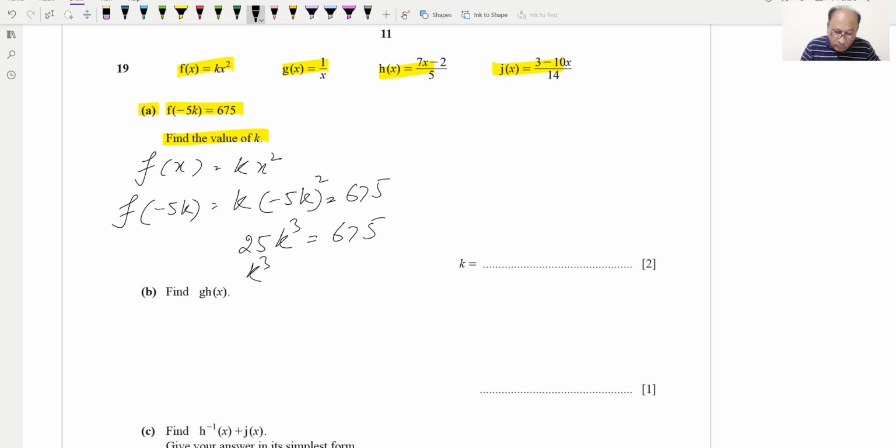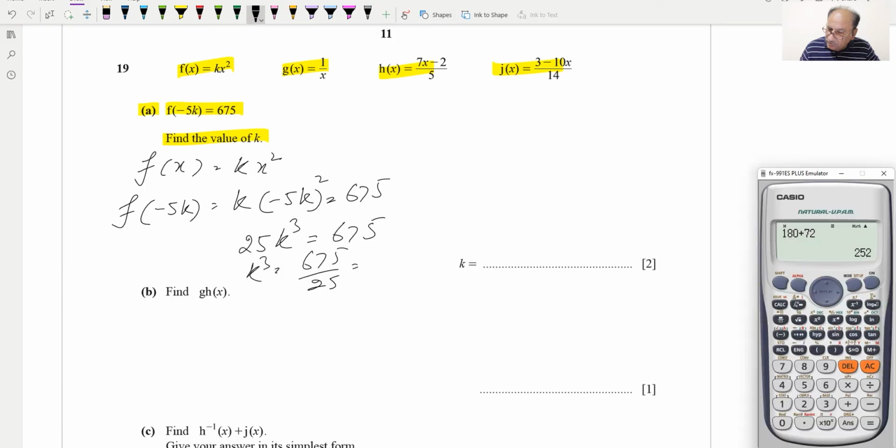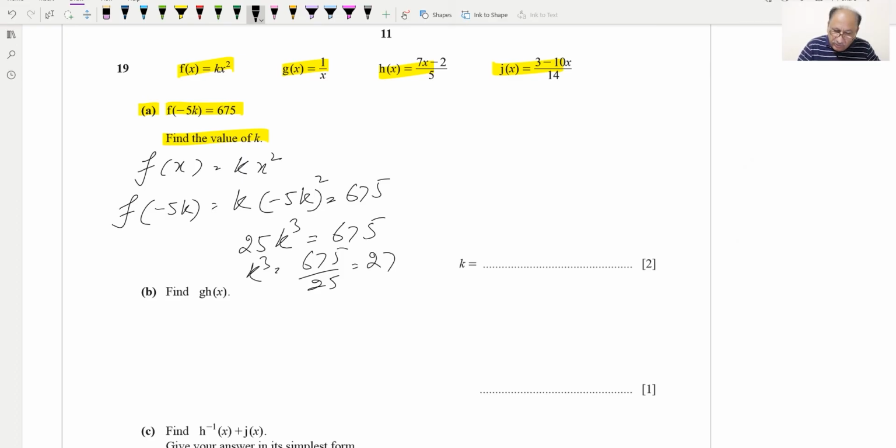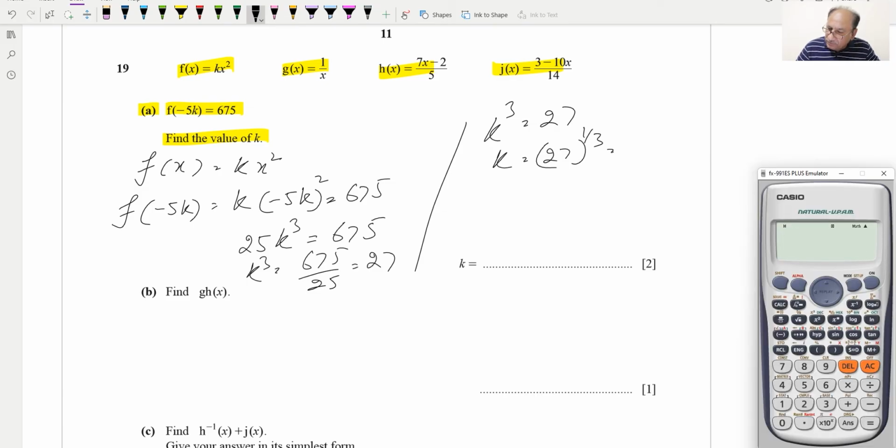So k cubed will be equal to 675 divided by 25, which will be equal to 27. So this implies k cubed is equal to 27, and k will be equal to 27 raised to the power 1 by 3, or cube root, so we can write cube root of 27 basically.